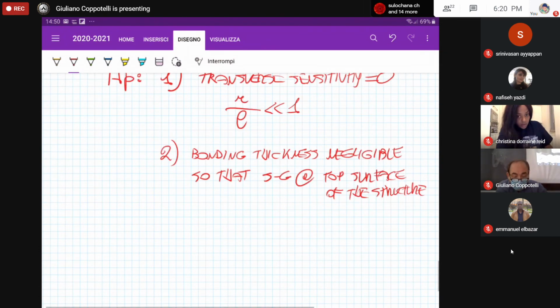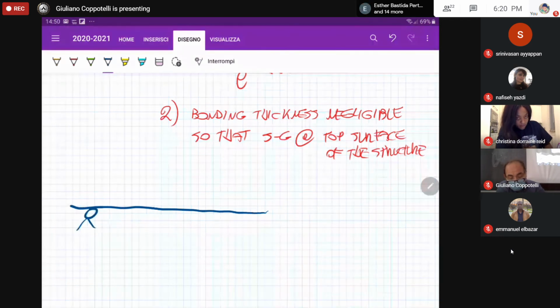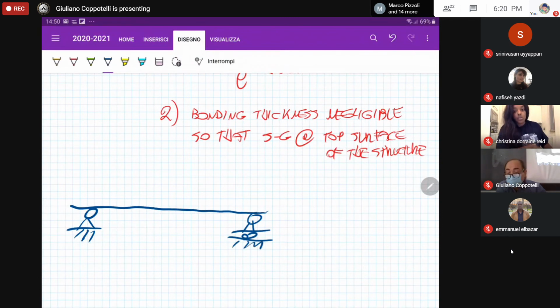Under this hypothesis, let's consider this very nice test setup. We have a beam. I know you are familiar with beams, okay?